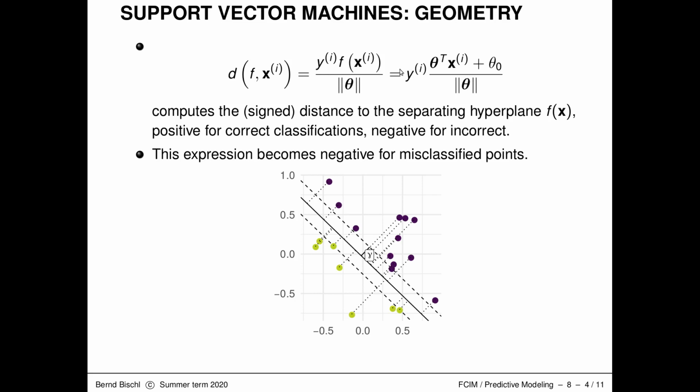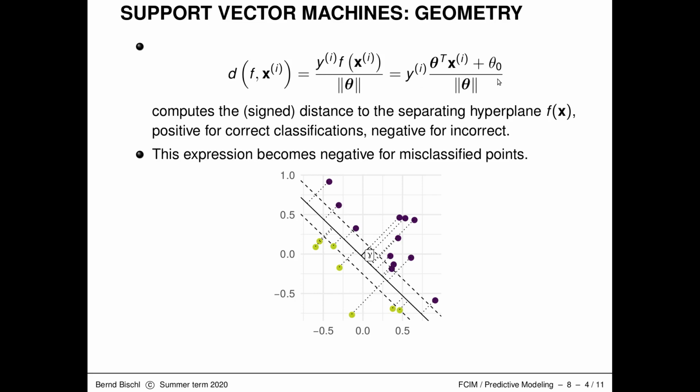And we'll also do this multiplication here with the yi, because now we have a signed distance where the sign actually also tells us whether the point is correctly or incorrectly classified. This is what we discussed exactly a couple of seconds ago. If you would leave this out, this would still be a signed distance.